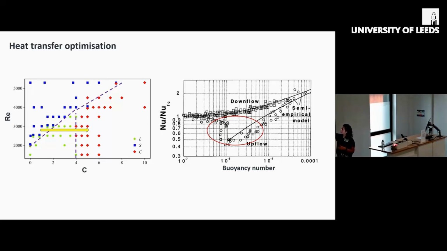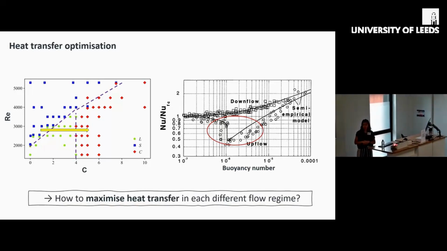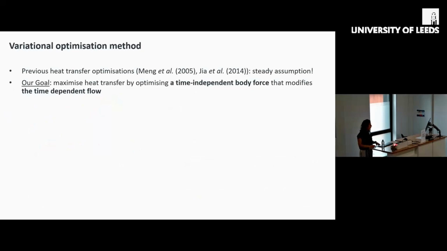When the flow laminarizes, we have this strong heat transfer deterioration, which of course is bad for applications. So the question that we want to address now is how can we maximize heat transfer in all of these different flow regimes? And this can be solved using variational methods.